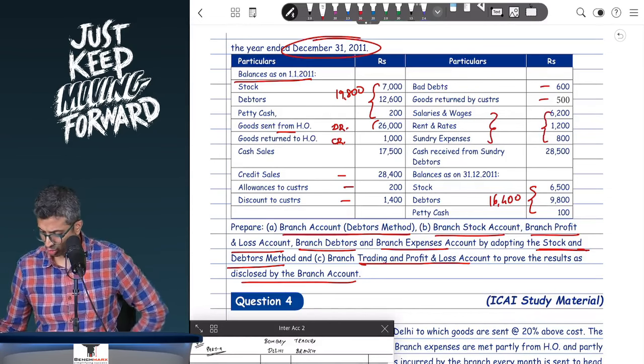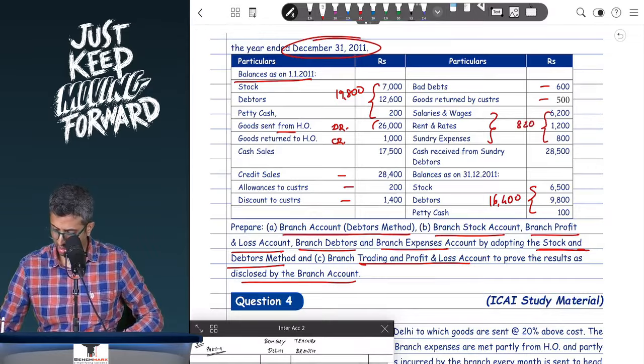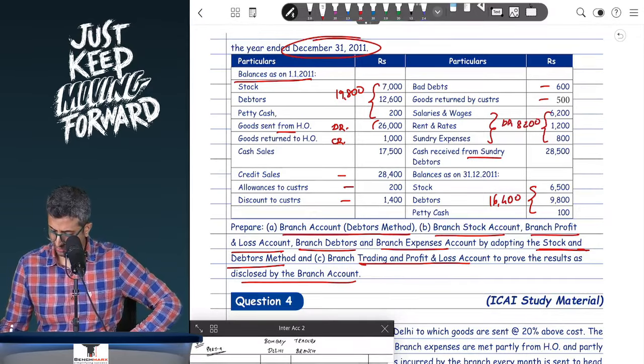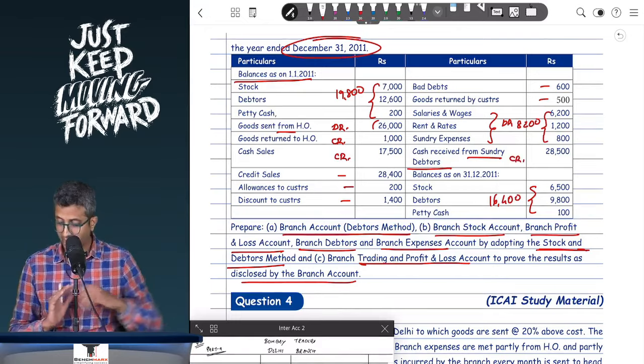And then 6,200, 1,200 and 800. This is 8,200 net debit on the branch account. Cash received from sundry debtors, this will be 28,500, and that's about it. So basically cash sales as well as cash collection will be credited.